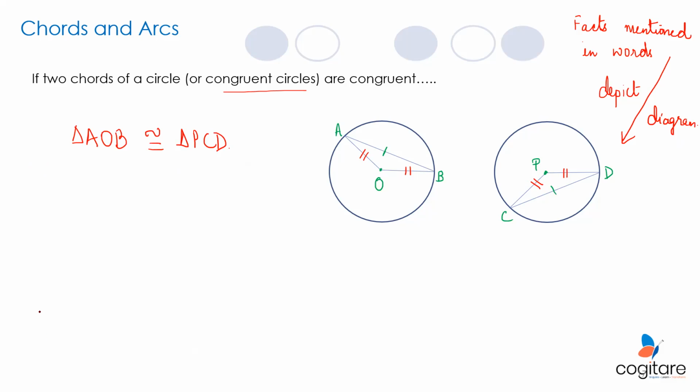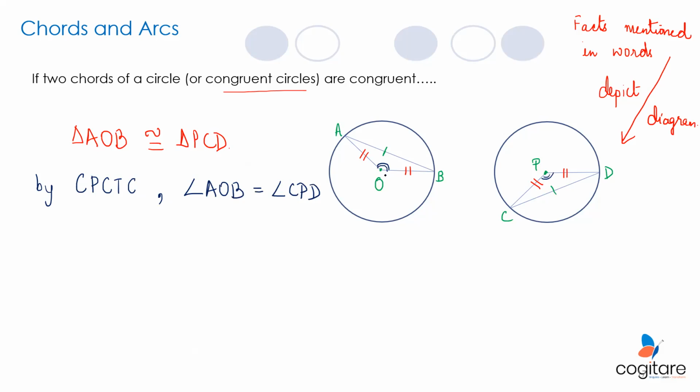From this, as usual, by CPCTC, by the fact that corresponding parts of congruent triangles are congruent, we can say that angle AOB is equal to angle CPD. Am I right, guys? We are saying these two angles are equal.